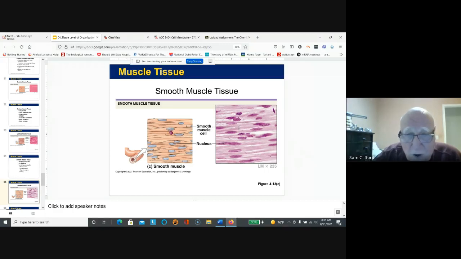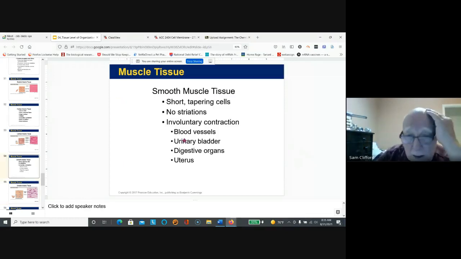They form layers of cells attached together to get rid of your urine, control the size of blood vessels, move food along your lumen, and expel the embryo or the fetus from the uterus.